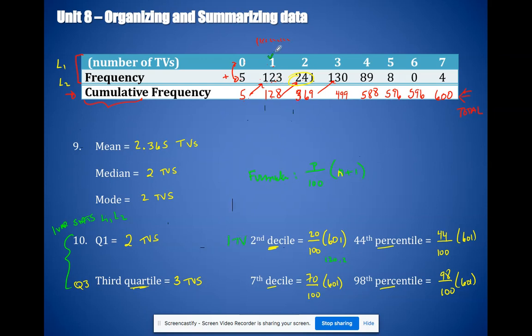Right here. How about the 7th decile? When I did this calculation, I got 420.7. Where would that be? Right, 470. Oh, sorry, I should be looking at my cumulative frequency, silly.